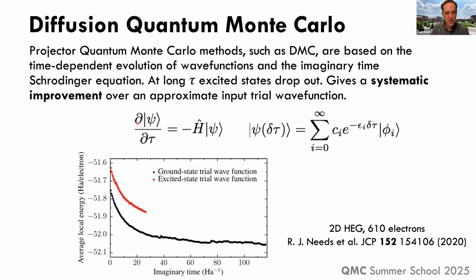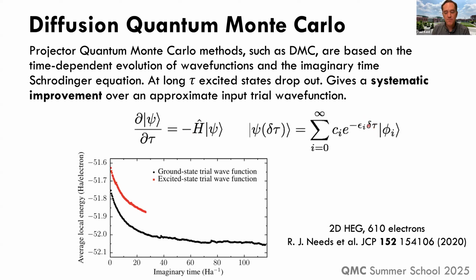And the realization is shown here. So if we write down the imaginary time Schrodinger equation, then we have, d psi by dt equals minus H psi.